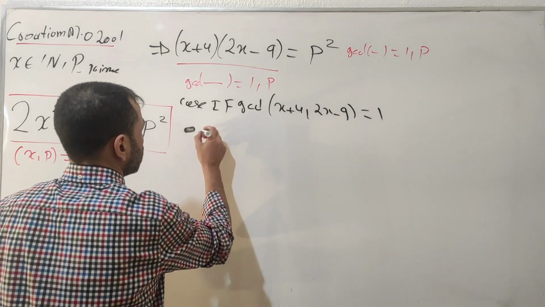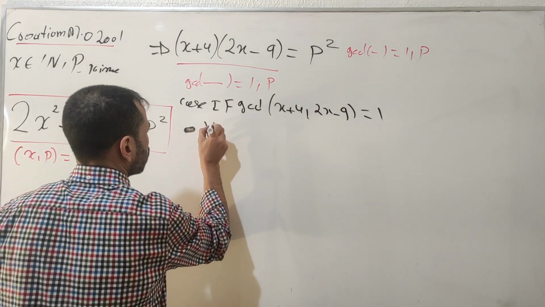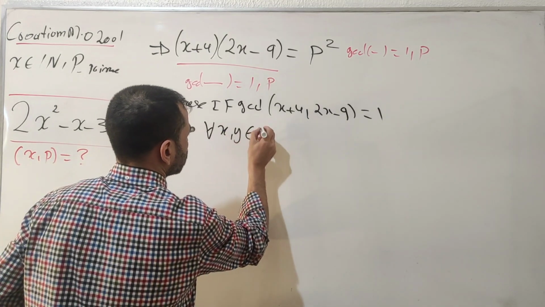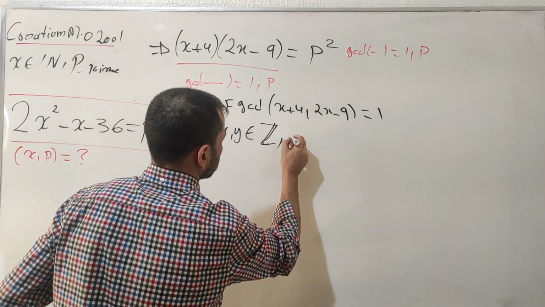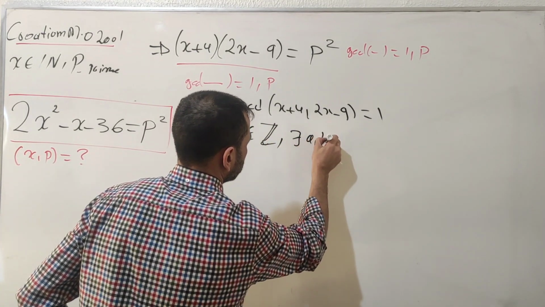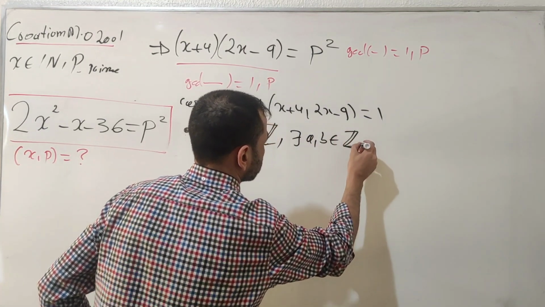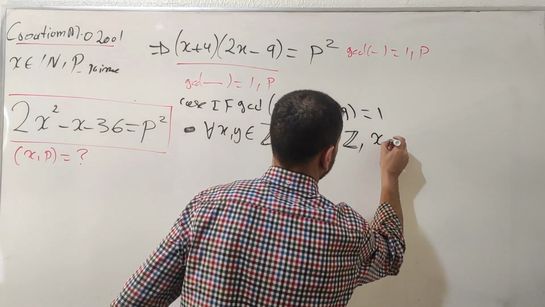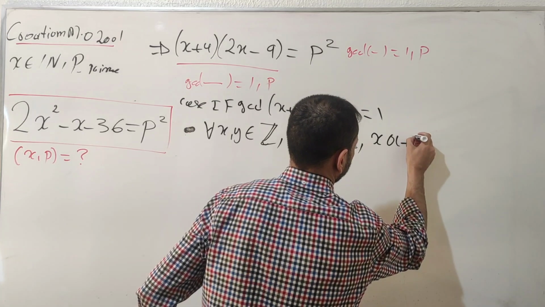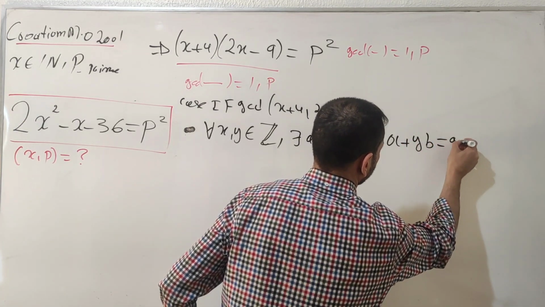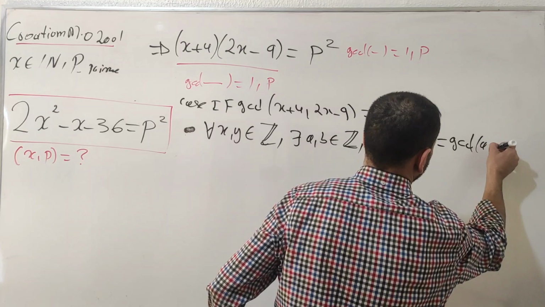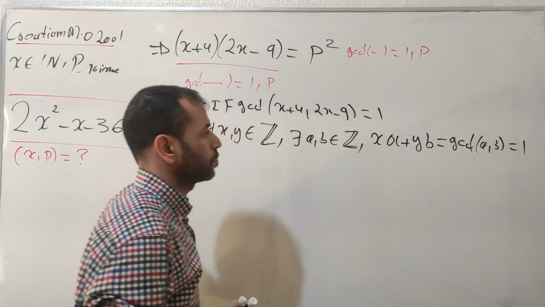So let's go through the theorem. For all a and b as integers, there exist x and y as integers as well, satisfying the following equation: a x plus b y equals the GCD of a and b, which equals number 1.